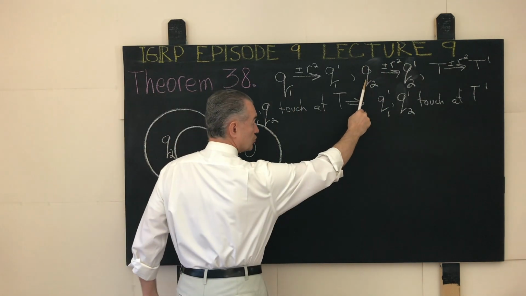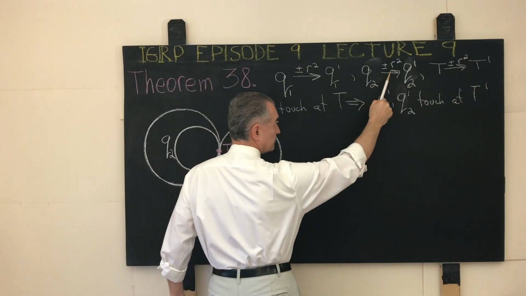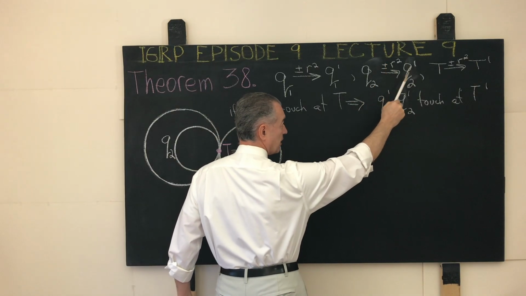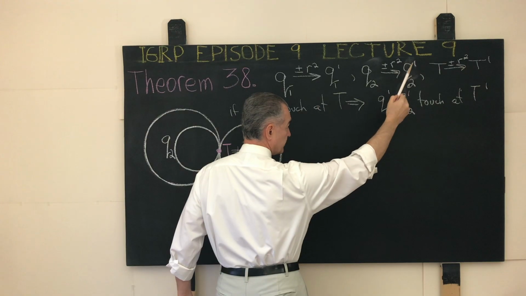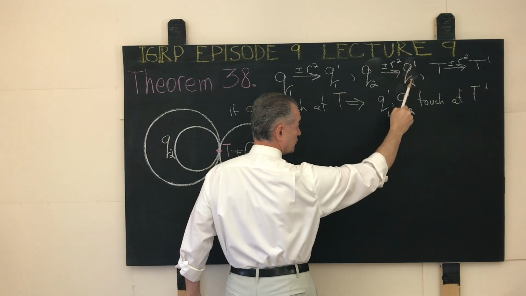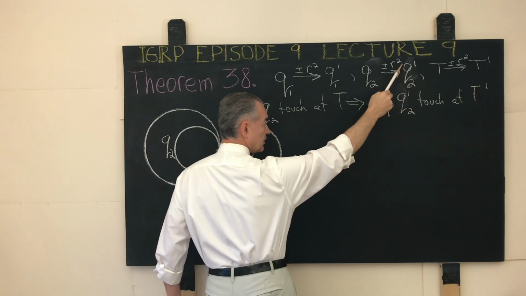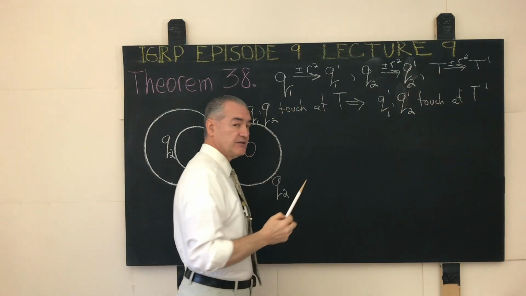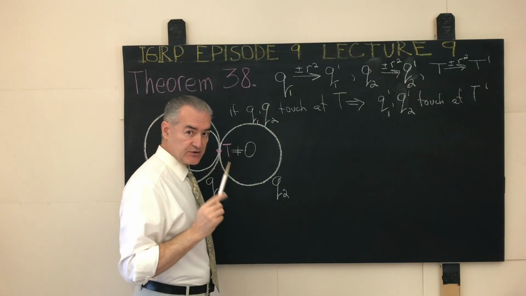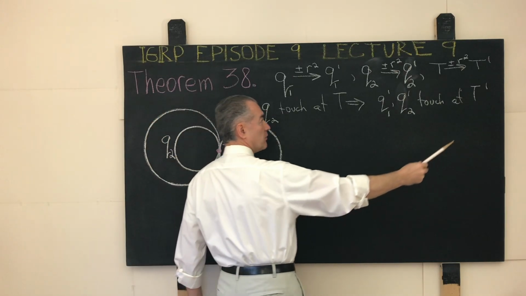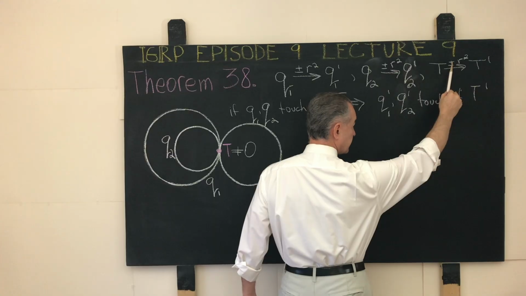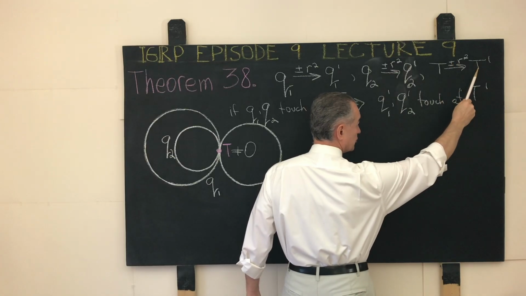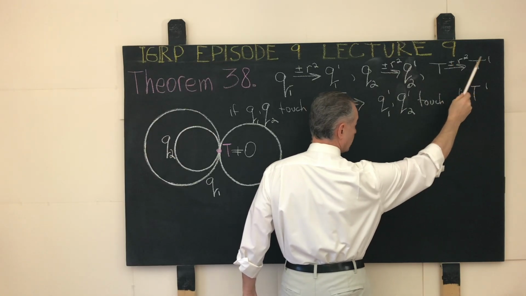The circle Q2 is taken under the inversion with positive or negative power into a circle or a straight line, the image Q prime 2, and the point of tangency, that is again distinct from the center of inversion, is taken by the corresponding inversion with positive or negative power into its image point T prime.